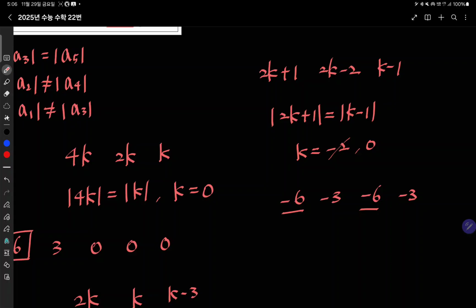And if the value of k is 0, the third term is 1, the fourth term is minus 2, the fifth term is minus 1.